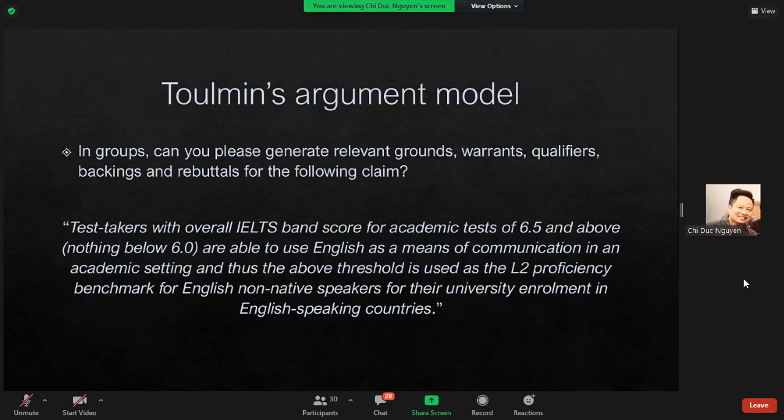And apart from what I just mentioned about the inconsistency of the difficulty level of the test, we also have something different. For example, some people are able to achieve 6.5, not because of their true second language ability, but because they have some kind of test wise ability.